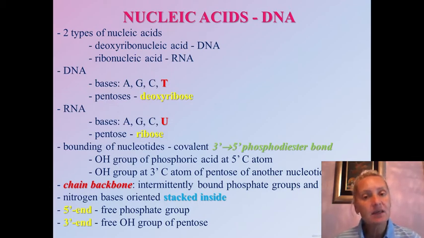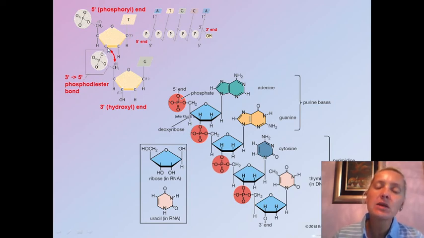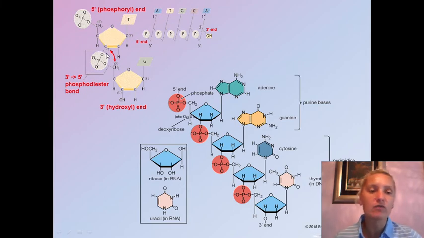So binding of two nucleotides is achieved by the formation of a covalent 3', 5' phosphodiester bond, which is formed, as you can see from the slide, upon the reaction of the OH group at the position C5 of the pentose and the OH group at C3' from another nucleotide molecule.